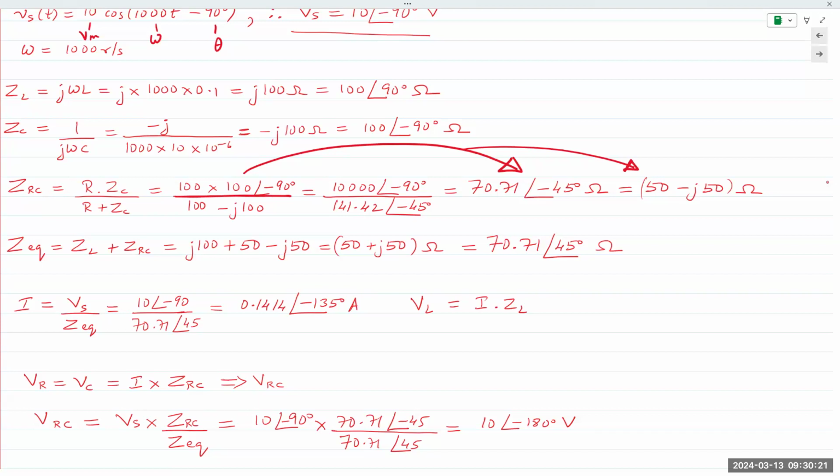If you do not have a programmable calculator, like I don't, then I want both quantities in polar form. So I transform the denominator, which is 100 minus j100, into polar coordinates: 141.42 with an angle of minus 45. Once again, if you have a programmable calculator and you're confident in your skills, you simply program this equation and skip to the final answer.